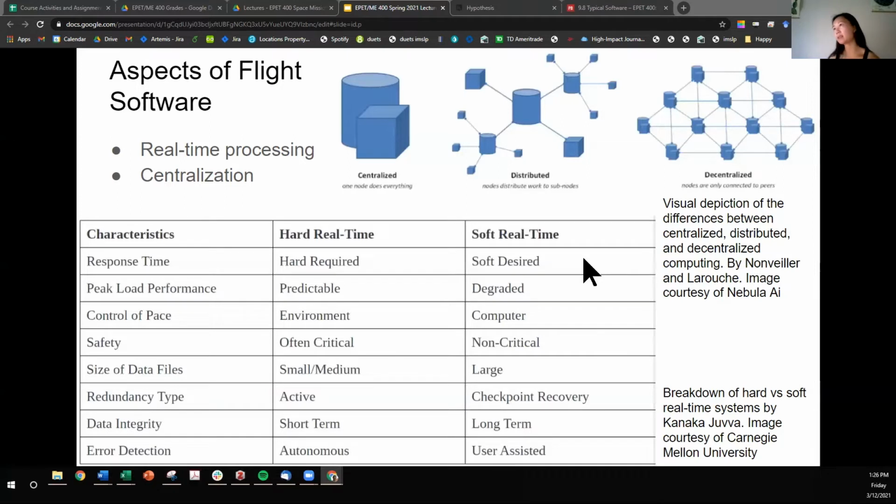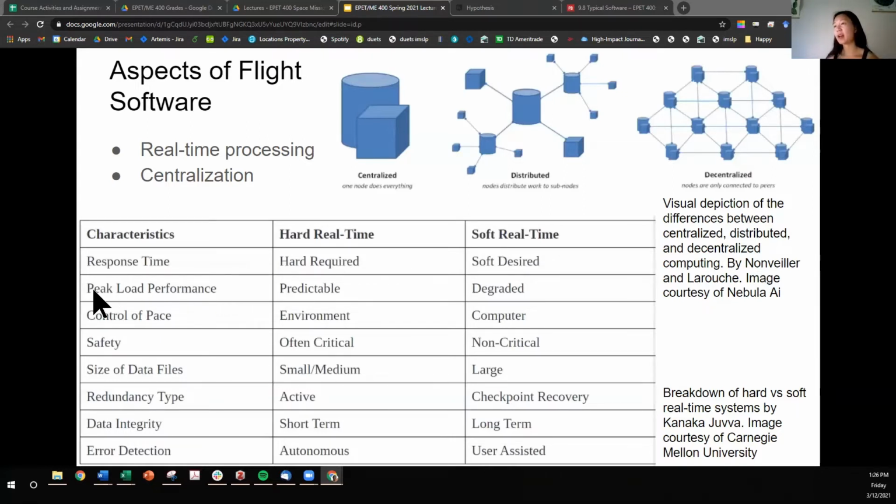So maybe some processes to think about and to latch onto. For hard real-time, attitude dynamics and orbital dynamics may require very precise firing of thrusters or actuation, whereas soft real-time could be things that have a longer time span. So it could be the processing of payload data so that you compress it. So there's not a strict deadline for it, but it needs to be done.